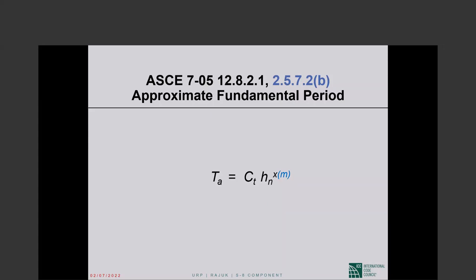The idea being, if we don't later refine our period estimate, our design will still be on the conservative side, because the shorter the period, the larger the design base shear. Okay, the design base shear is inversely proportional to period, or period squared. So the shorter the period, the larger the design base shear. So if we want to remain conservative when somebody does not refine the initial period estimate, then T sub A has to be smaller than the rationally computed period.